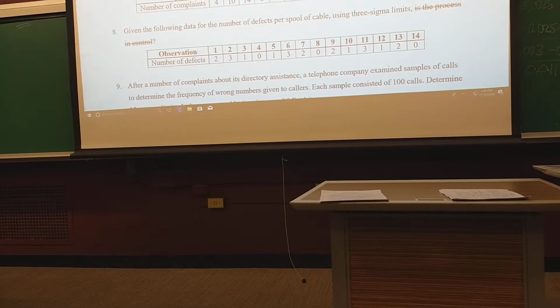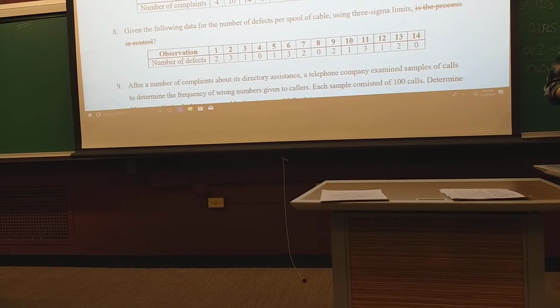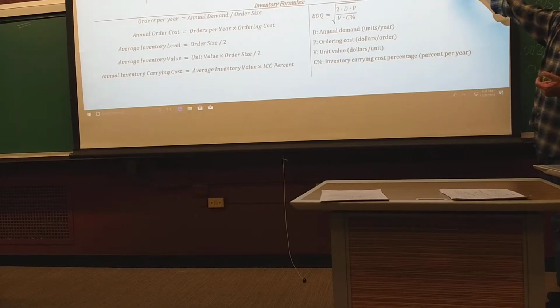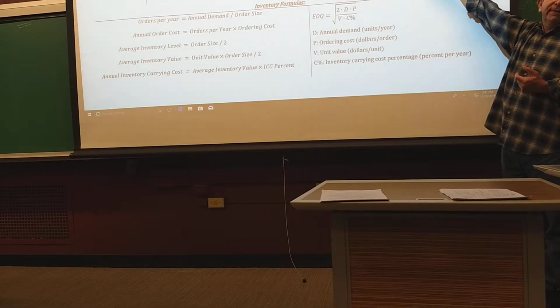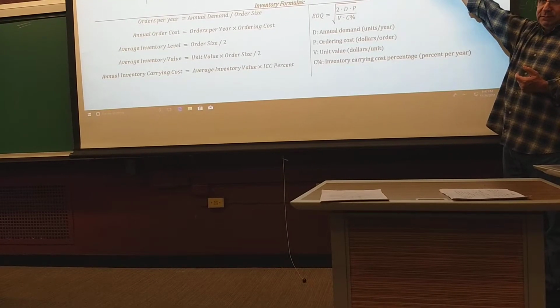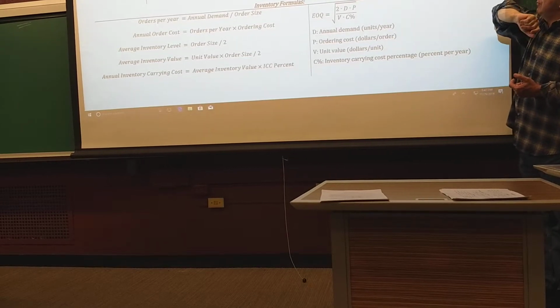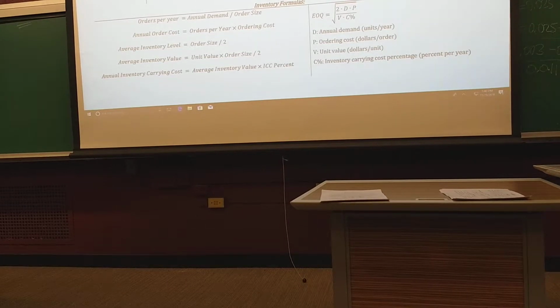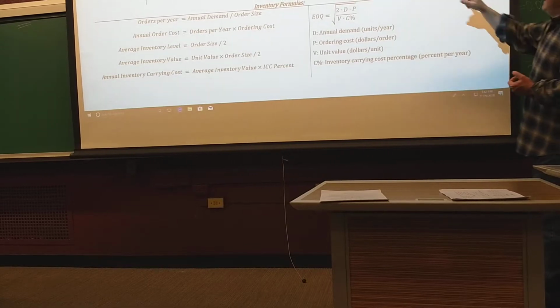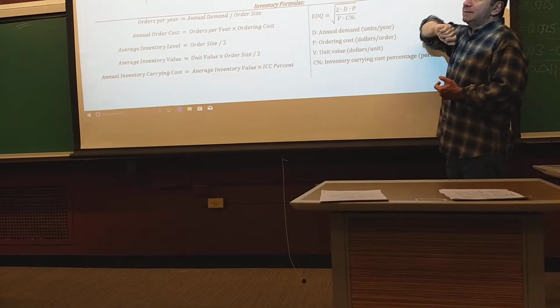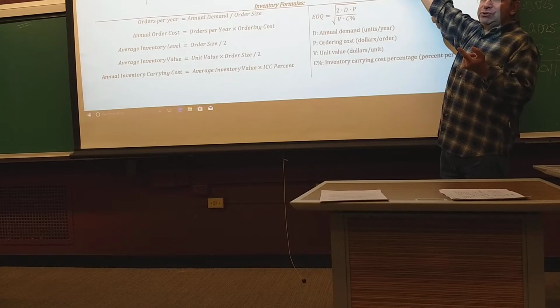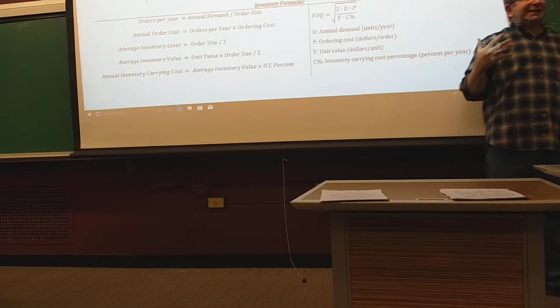Since there is no sample, we use the C chart. No sample size. So this is the C ratio: the number of total defects divided by the number of total items. The number of total items is 14 because we have 14 days.